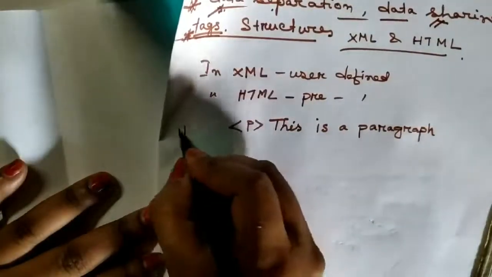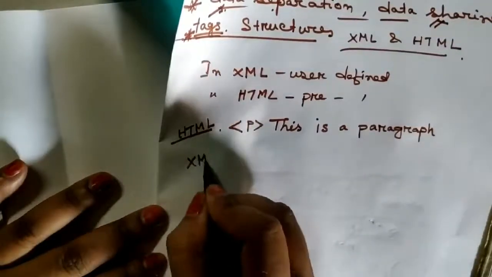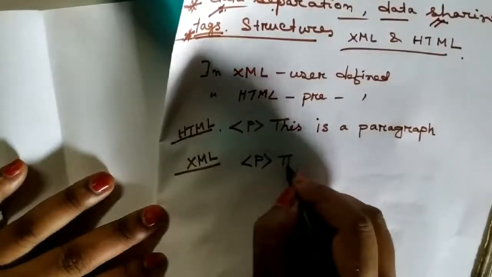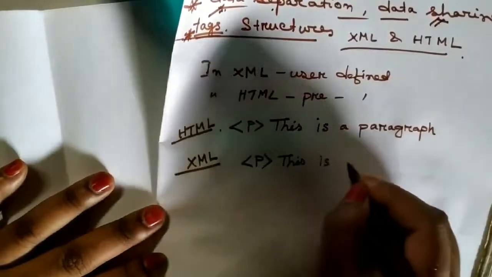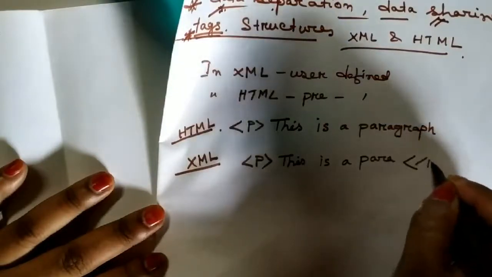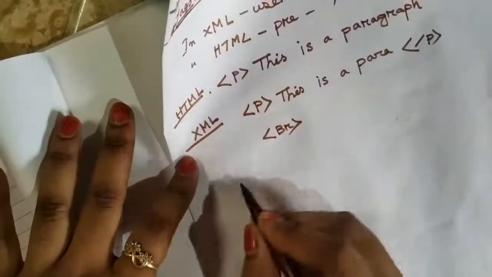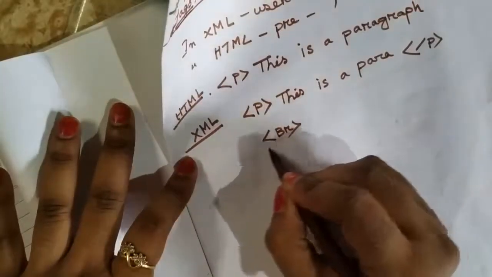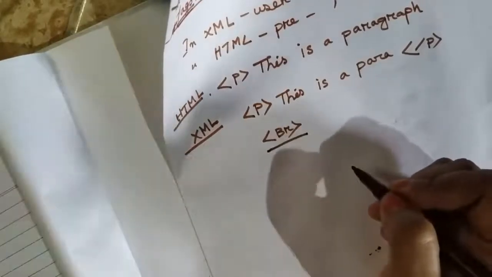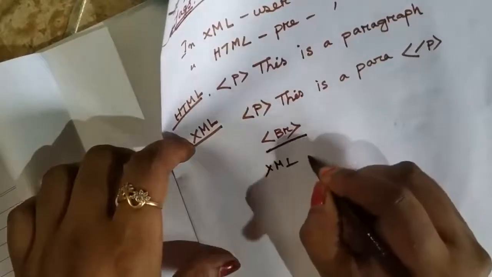But in XML, you have to close the tag. Another example is BR. It is a line breaking tag, and in XML you have to close it also.